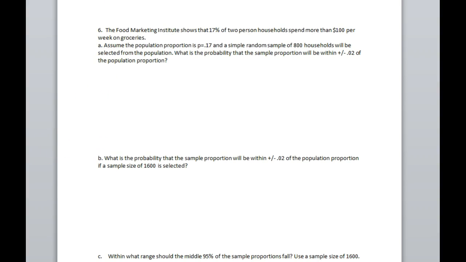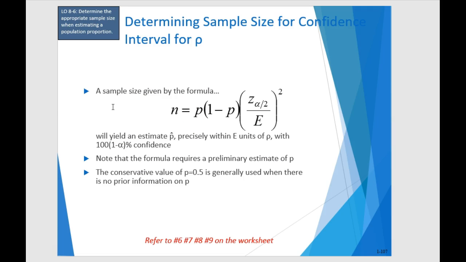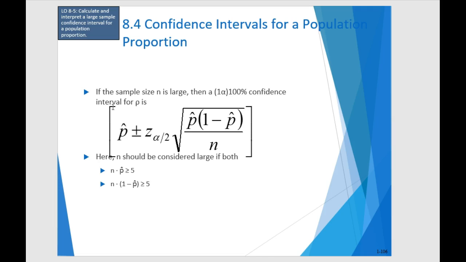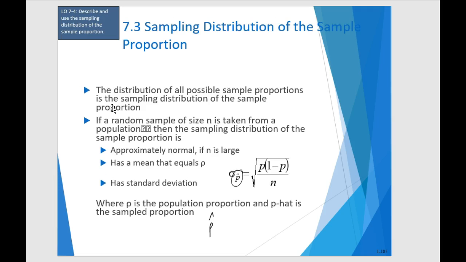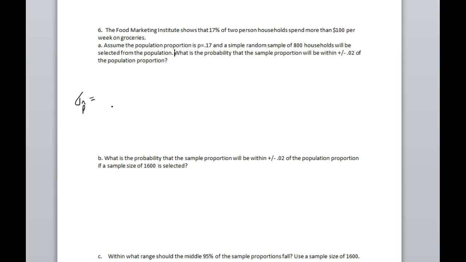So we're going to answer this just as we have before. First, we're going to calculate what our sigma p hat is. Let's go back to our formula. How do we calculate sigma p hat? Sigma p hat is equal to the square root of p times 1 minus p, all over n.